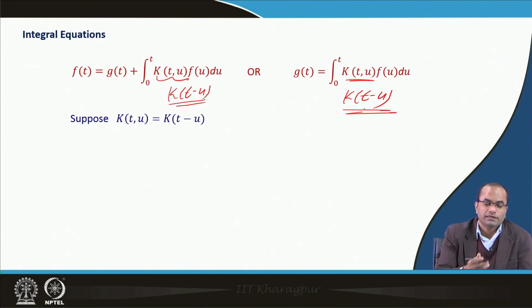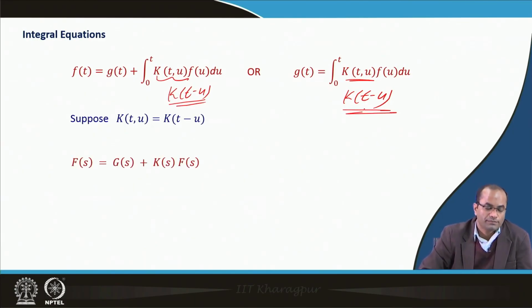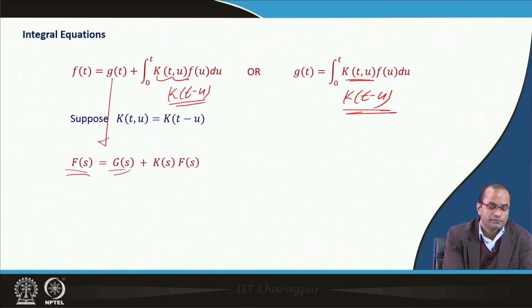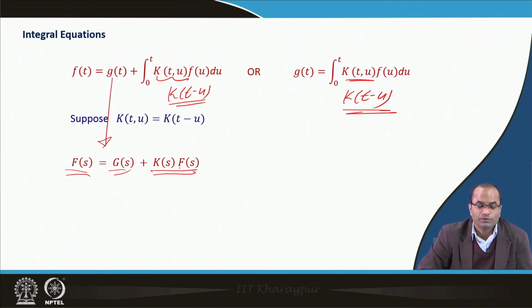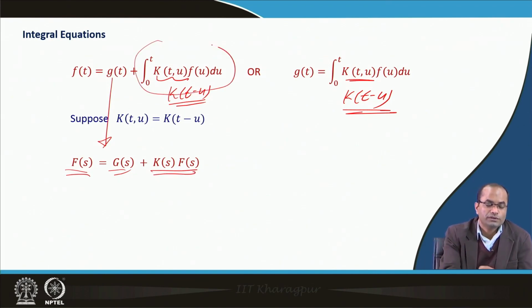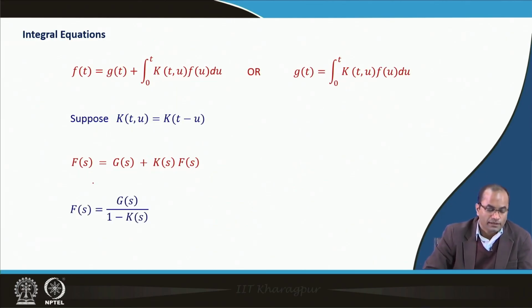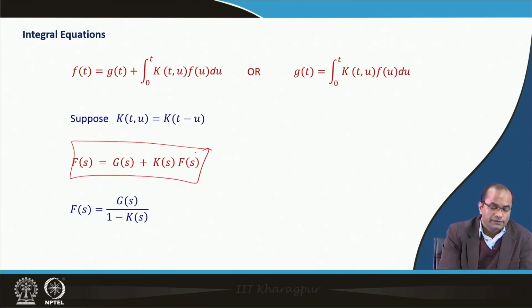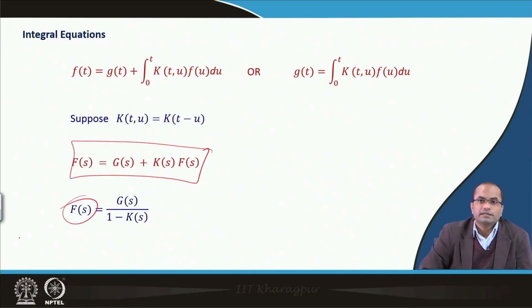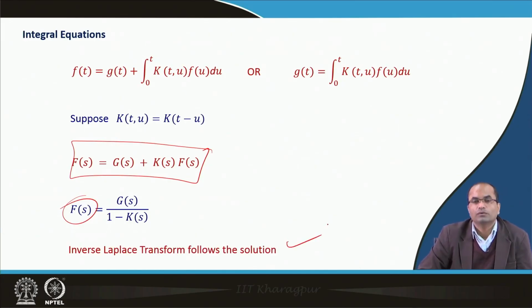In that case we can easily apply the Laplace transform, and so we have here f s, for instance from the first equation g s, and here we have the convolution theorem, because this became now a convolution integral, if we have instead of k t u, k t minus u and f u. So, we will get k s and f s. Once we are here, we can again find the expression for f s, and finally, the inverse transform will give the solution.